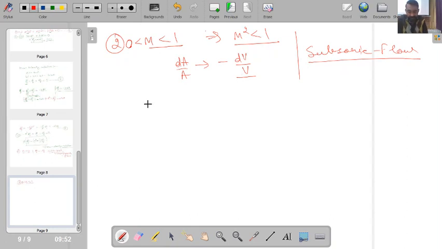So if area is decreasing, your velocity will increase. So this will be the direction of V increasing.